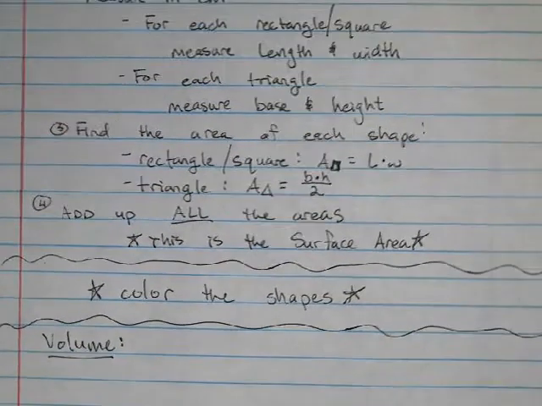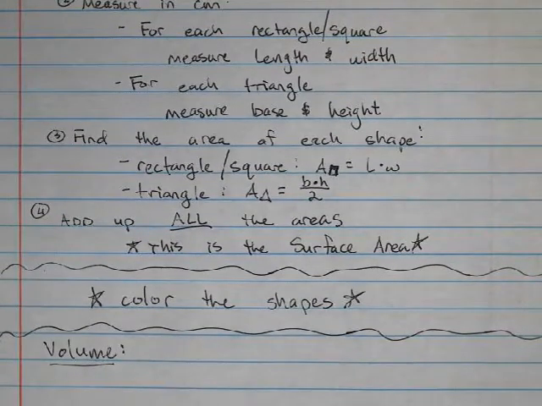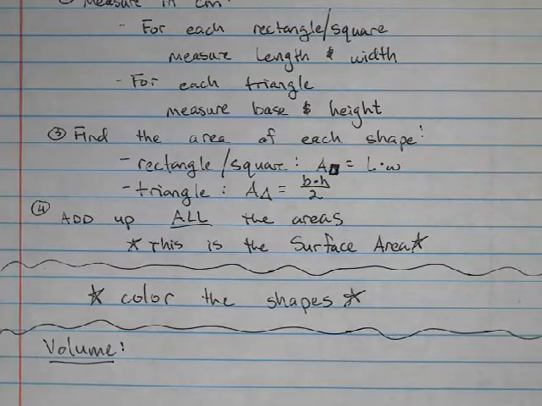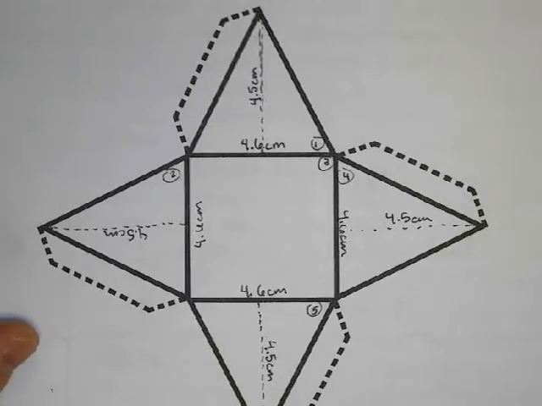So go ahead and pause right here, finish copying this information, and then go and color, get some color on your pyramid. I'm going to be using red and orange.